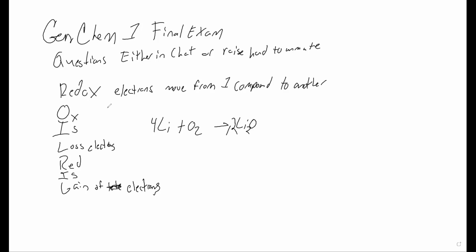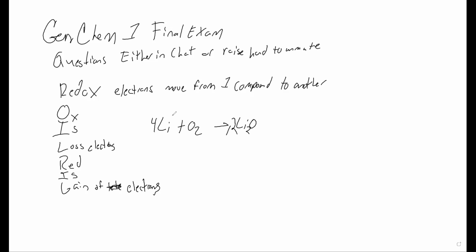The first thing we need to do is assign oxidation states to everything, and this is where our rules come into play. Hopefully after going through quantum mechanics, some of these rules will be easier, because we've been talking a lot this semester about what charges molecules should have. It's the same thing in redox reactions as it is in ionic reactions.